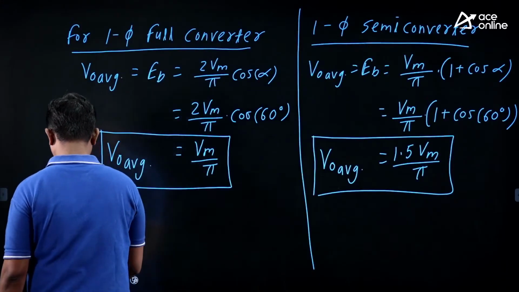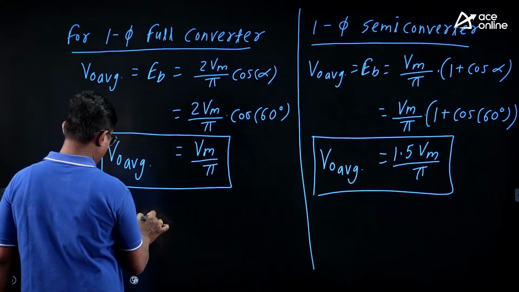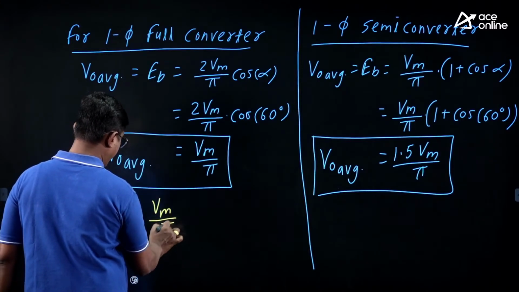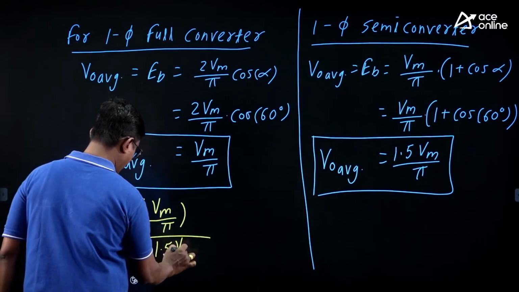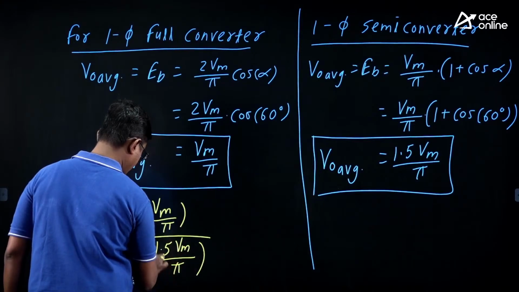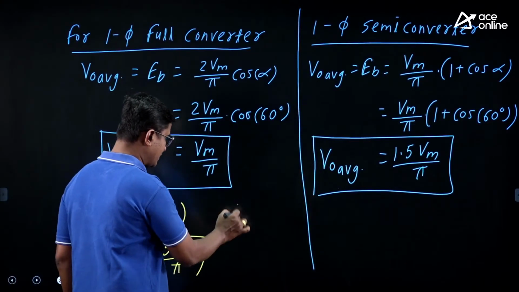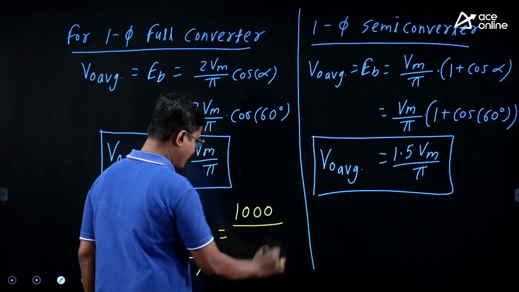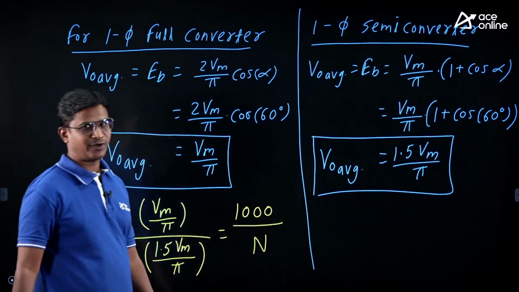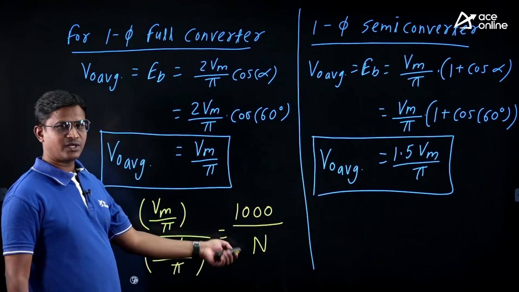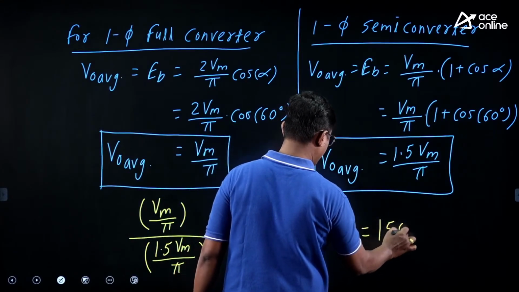EB is proportional to N, so I write Vm by pi upon 1.5 Vm by pi is equal to: when EB is Vm by pi, the speed is 1000; when EB is 1.5 into Vm by pi, what is the speed? That we need to find. Simply take the cross multiplication and you will get N. So my N value is 1500 RPM.